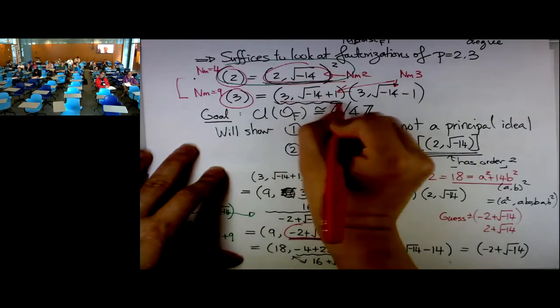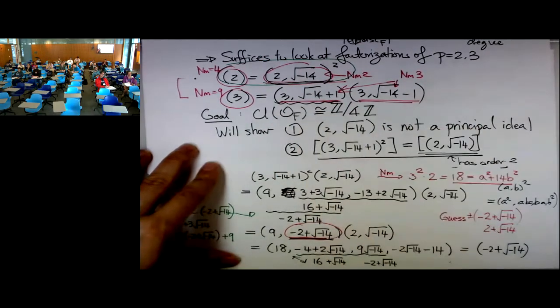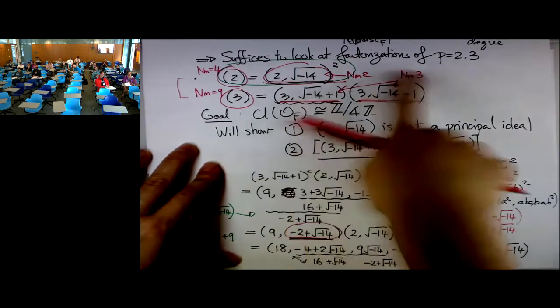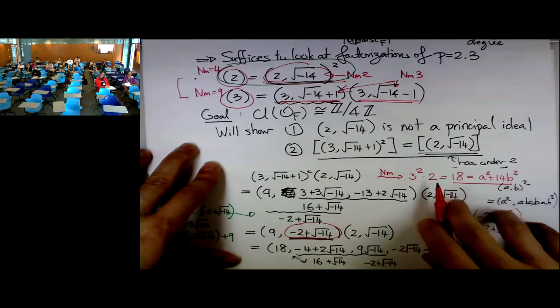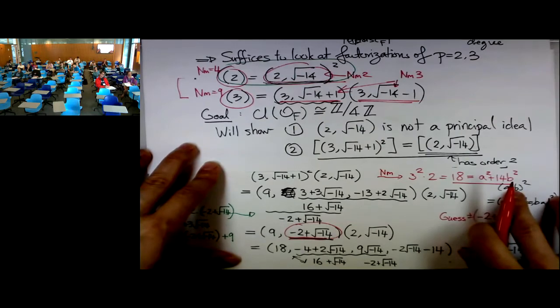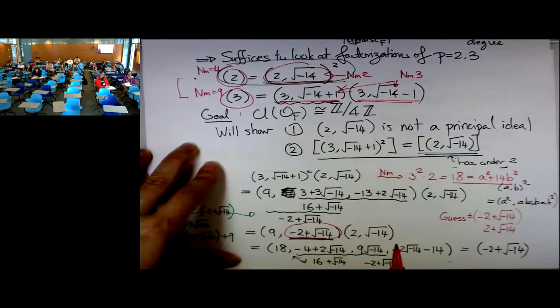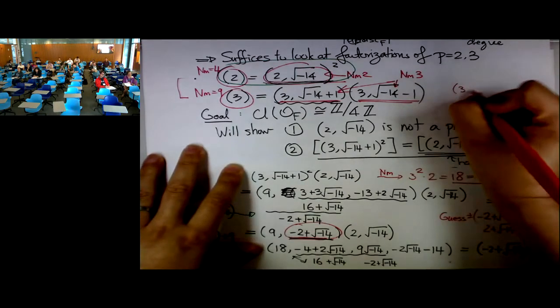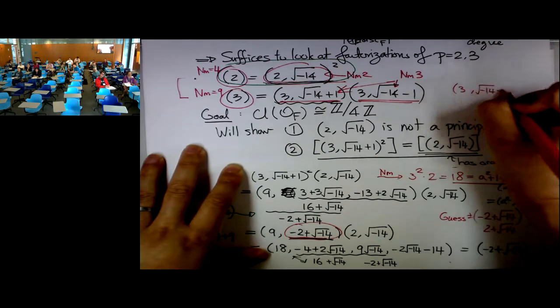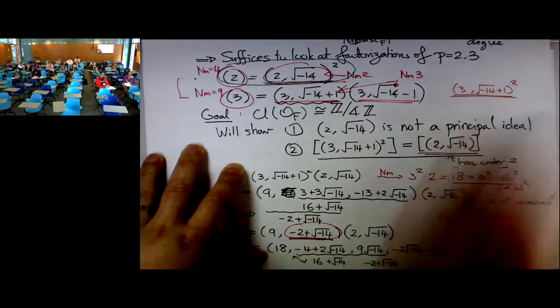Now, I have some additional things I have to consider. These two. And obviously these are not principal, by the same argument. a squared plus 14b squared cannot be 3. So now you want to square it. Can the square be a principal ideal? You ask whether this could be a principal ideal or not.